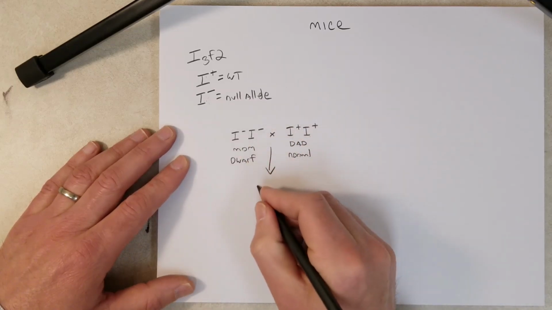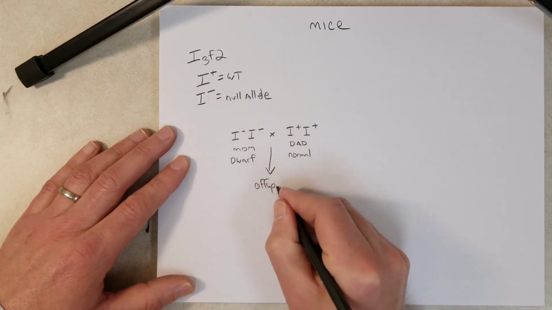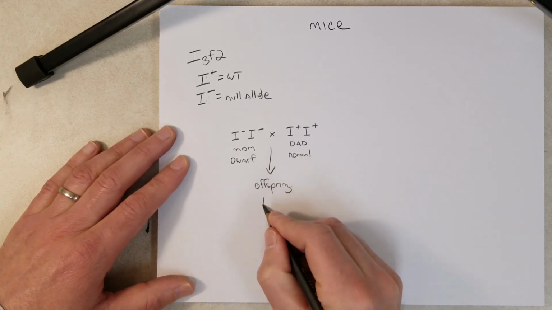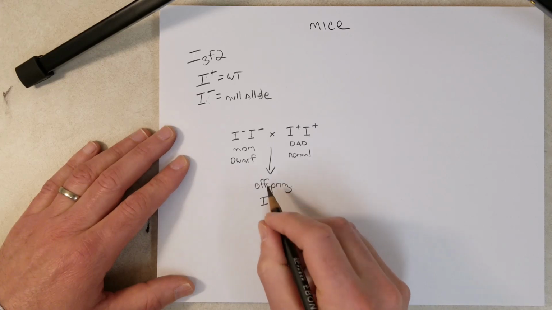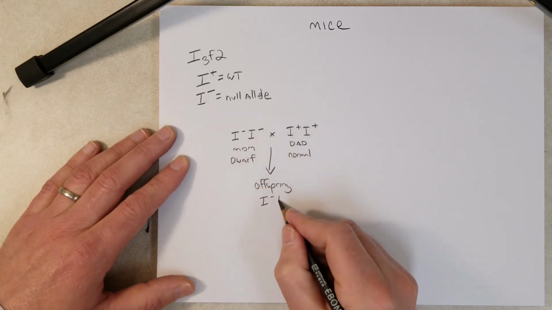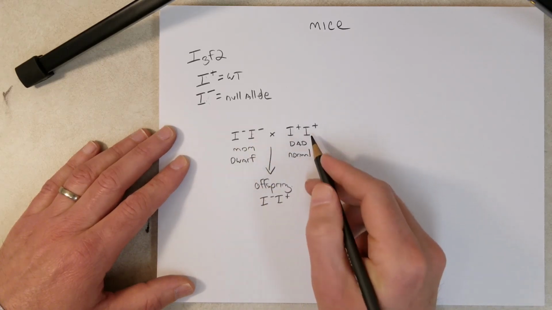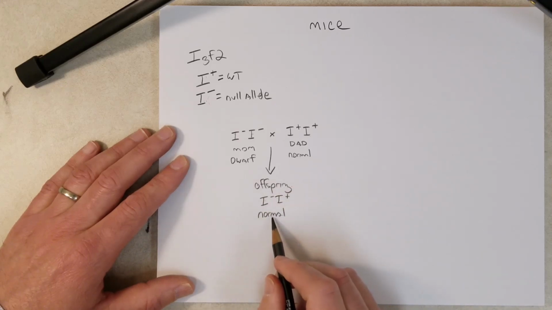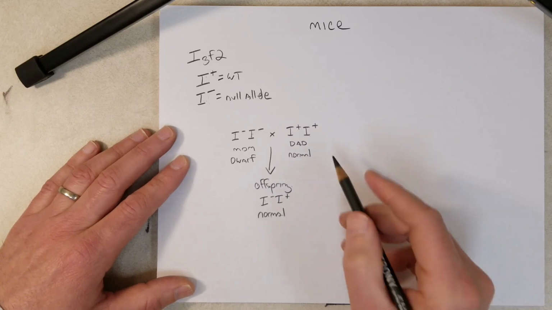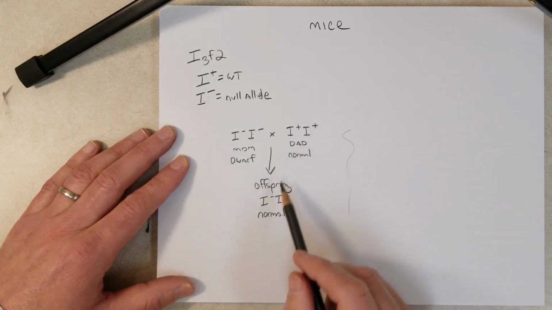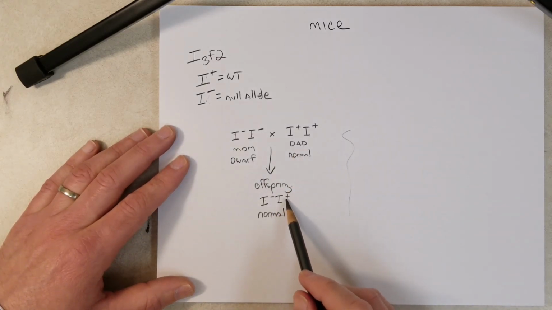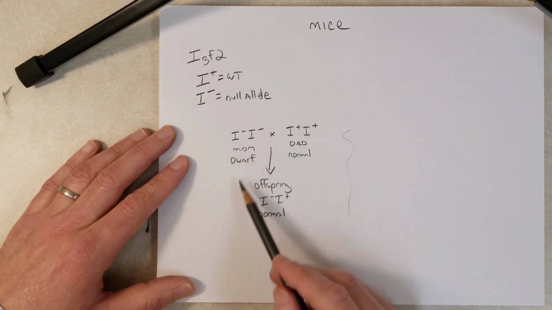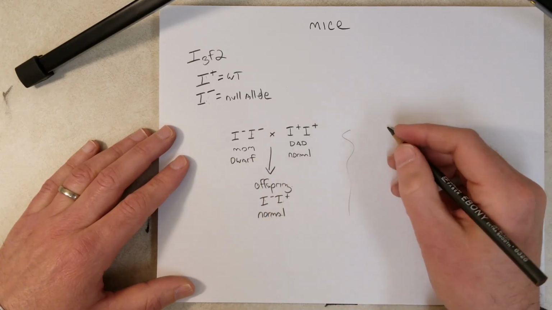Now if we do this cross, the offspring, it doesn't matter, males or females, sons or daughters, they all have the same genotype, right? So they're getting an I minus from mom, an I plus from dad, and they're normal. None of them are dwarf. So, okay, that's not too surprising. Maybe I plus is dominant to I minus. We've seen this many, many times in the past.